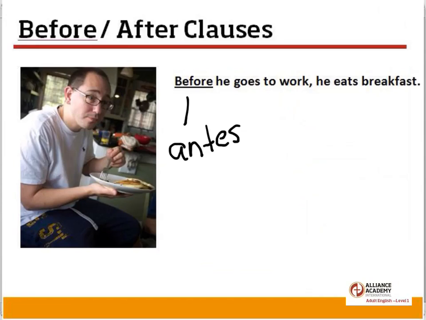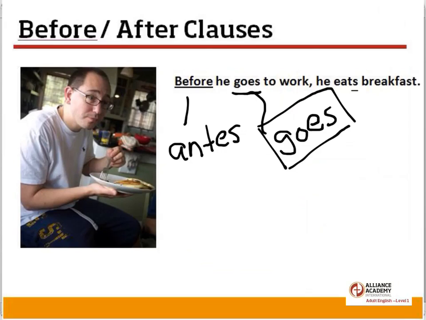Before, remember, third person goes. Here is our verb go. But it is third person, so we're going to actually add es to the verb, okay? So before he goes to work, he eats breakfast. So when you see that verb, it is simply the verb go, but it is in third person form.